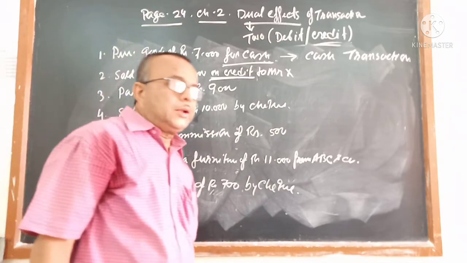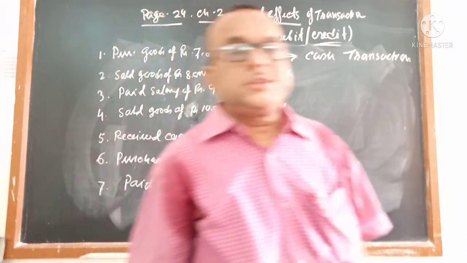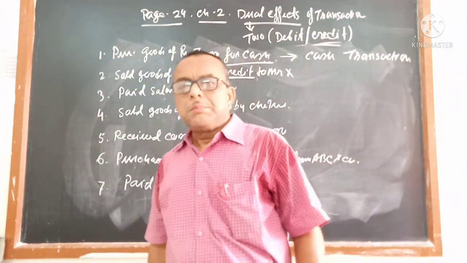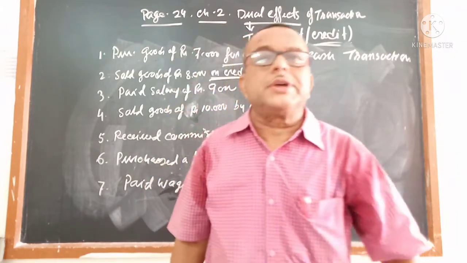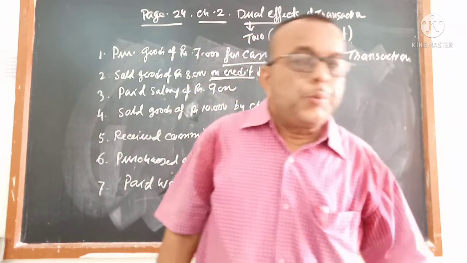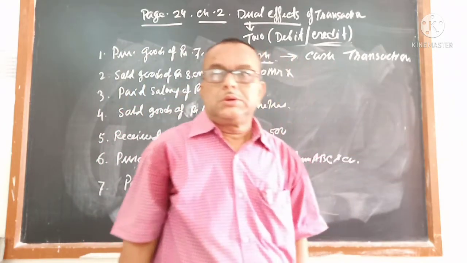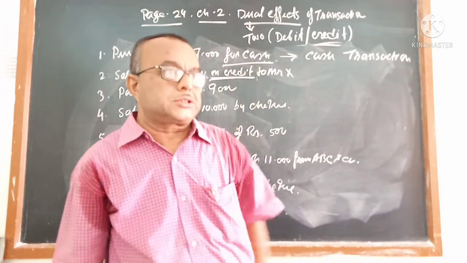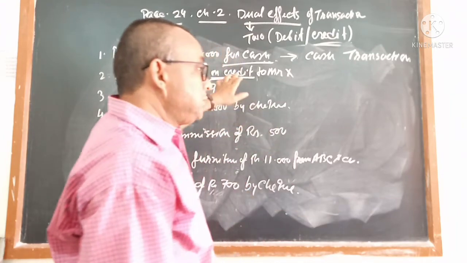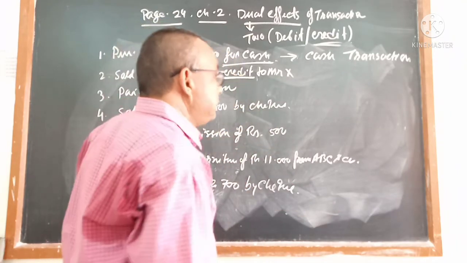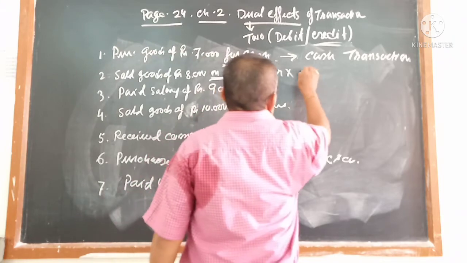For cash is not there. By check also it is not there. But on credit is there. If on credit is there, then obviously the name of the party will be given with whom you made the transaction. So as on credit is given, it will be considered as a credit transaction.